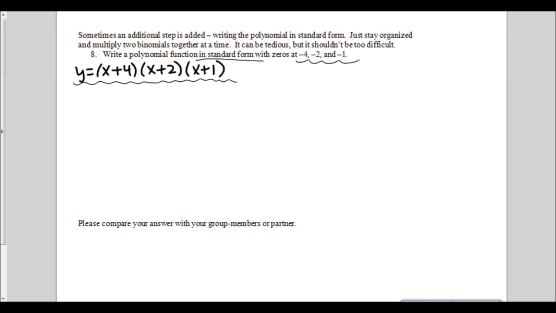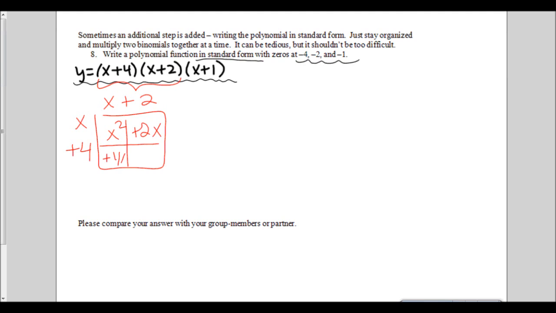So if I want to multiply these things together, first I'm going to multiply these two together. So I have x plus 4 times x plus 2. I'm going to multiply using boxes or my area model. And when I multiply my parts and put them together, I would wind up with x squared plus 6x plus 8.